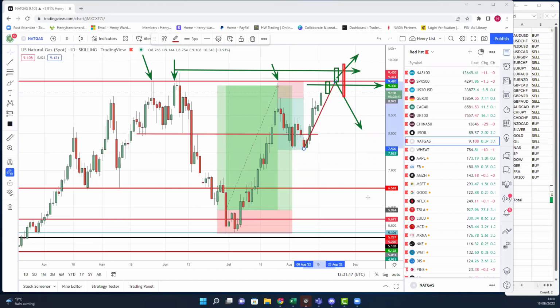That'll be something to watch out for. Will we get that manipulation? We had it here, didn't we? We had that level there, look. Went up, made a higher high. This bar then went up, made a higher high, and a big sell-off.